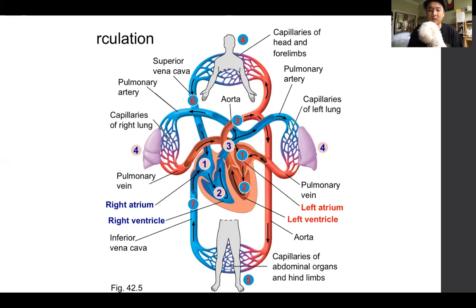Then it goes into the pulmonary vein, because pulmonary is still to and from the lungs, and vein goes back into the heart. And as I said before, it's going to go into the left side of the heart because oxygenated blood is on the left side. It's going to go through the atrium, then the ventricle, and into the aorta or artery, and go to the top part of your body and the bottom part of your body.